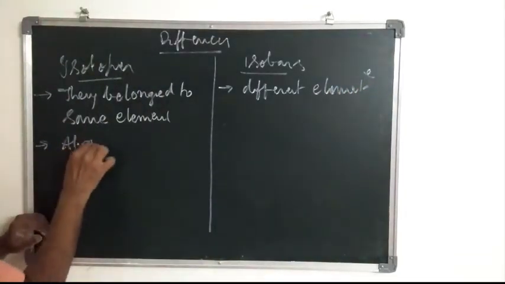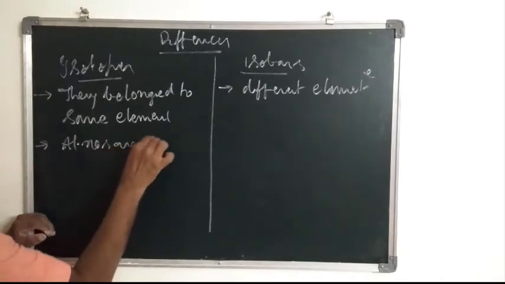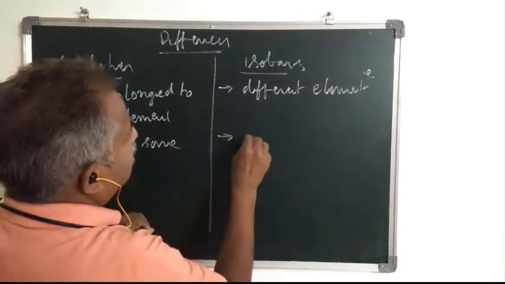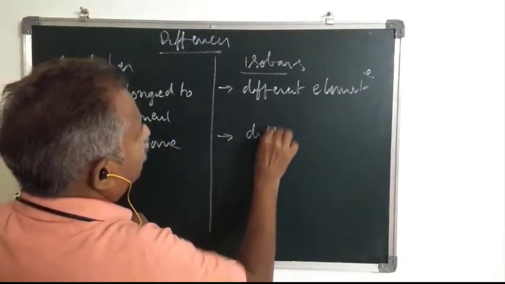For isotopes atomic numbers are same, whereas for isobars atomic numbers are different.